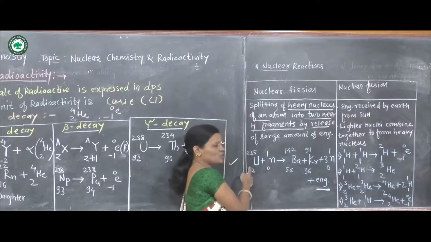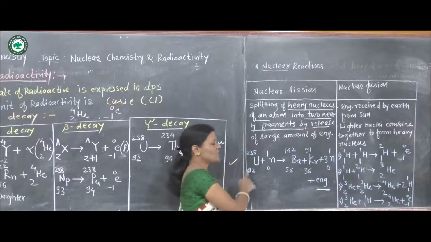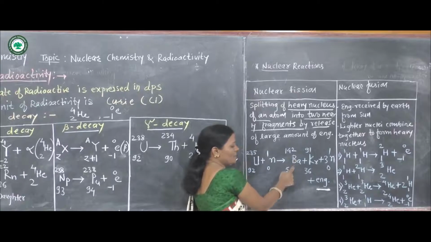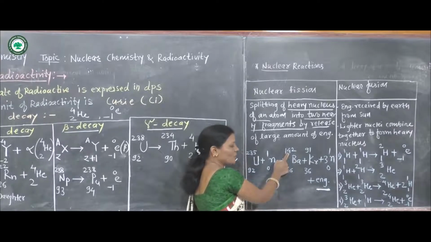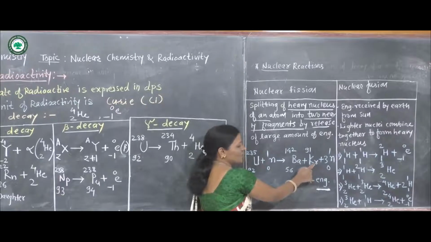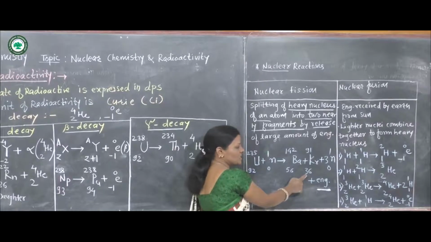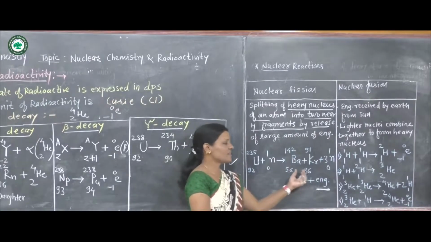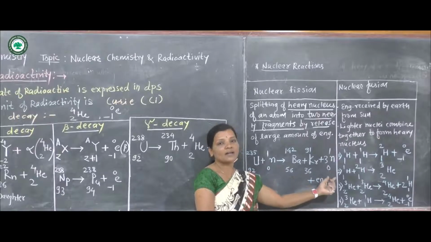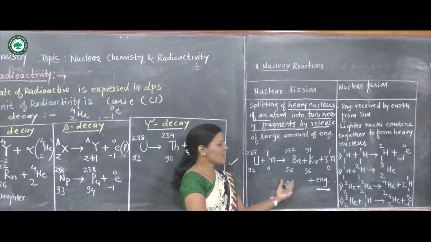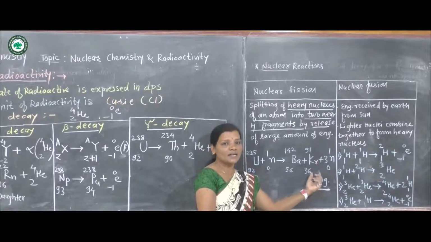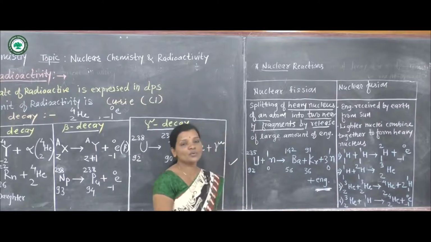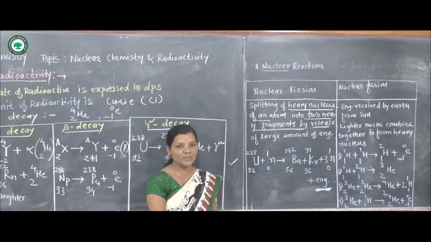When this neutron bombards the uranium nucleus, two fragments are formed: barium, atomic number 56 with mass number 142, and krypton, atomic number 36 with mass number 91. Also in this reaction, 3 neutrons are again released along with a large amount of energy, and so nuclear fission reactions are chain reactions.